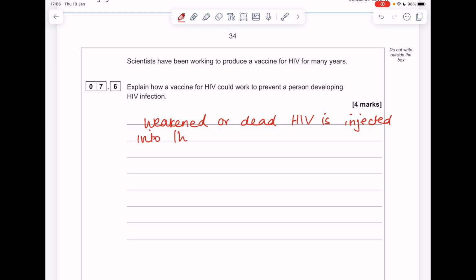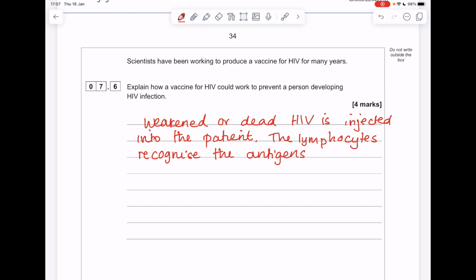Remember that your body responds in the following way. The lymphocytes, or white blood cells, depends what your teachers taught you or what textbook you've read, recognize the antigens on the HIV surface and produce specific antibodies.